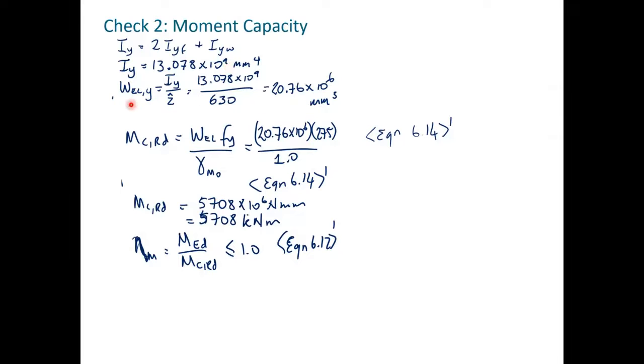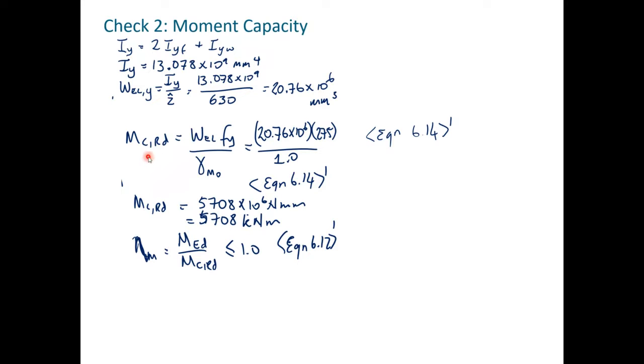And then the elastic modulus is equal to the second moment of area divided by the distance to the neutral axis from the top of the member, so that comes out to be 20.76 by 10 to the power 6 millimeters to the power 3.